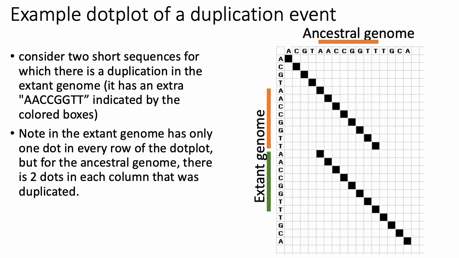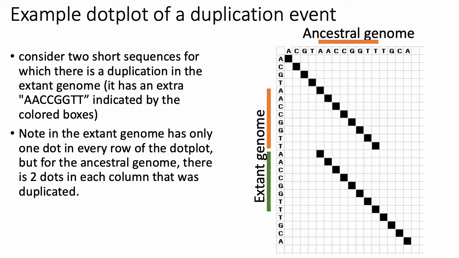Suppose that in the extant genome, we observed a single duplication illustrated by the colored boxes on the rows of this diagram. What you notice here is that when there is a duplication in the extant genome, every row of this dot plot, which corresponds to every position of the extant genome, has only one dot, because there's an exact match to some position in the ancestral genome.